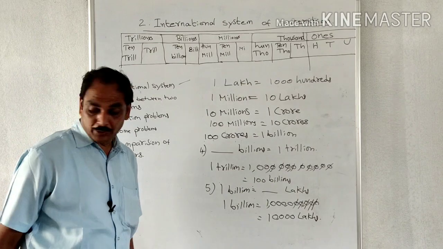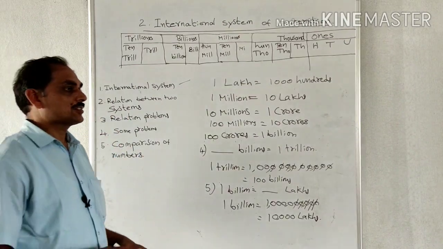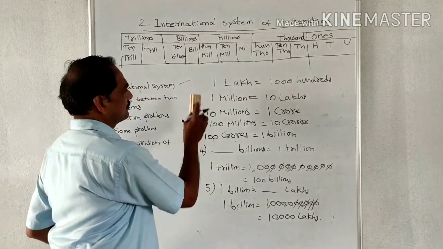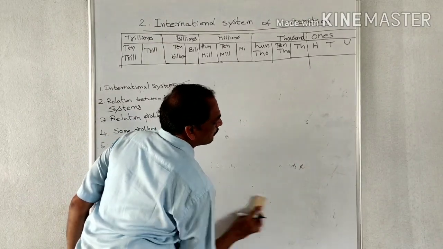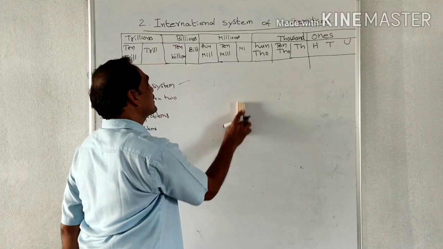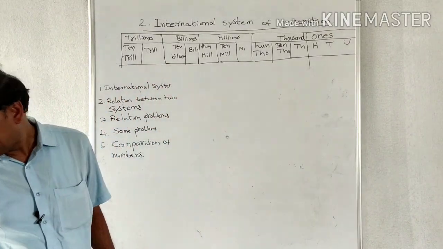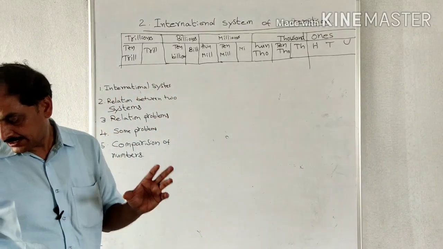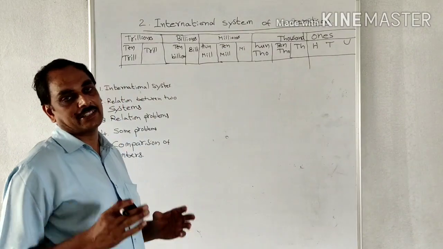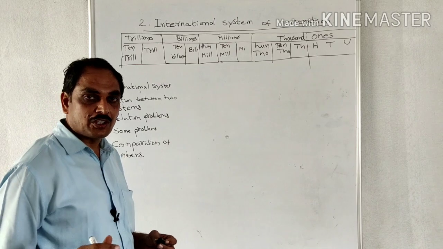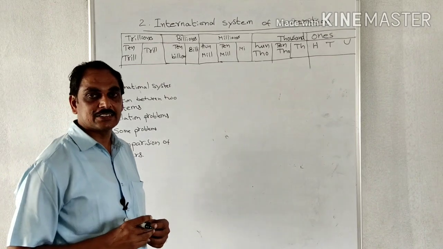Next we go to another problem, that is, how many 4 digit numbers are there in base 10 system? So what is base 10 system? A system which uses 10 digits is called base 10 system. Both our national, Indian, and international systems of numeration use 10 digits.